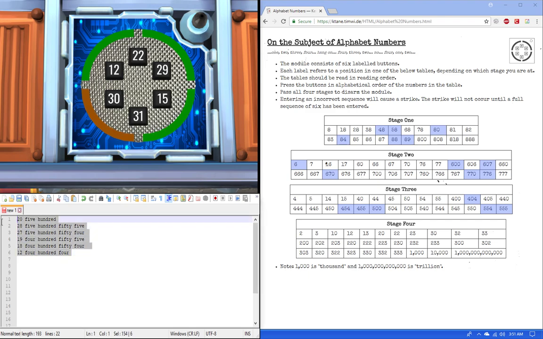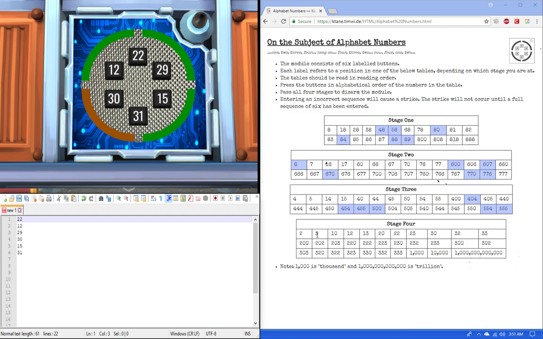And finally, we have these numbers, the biggest ones: 22, 12, 29, 30, 15, 31. And if I think what I think this is, we might actually get the thousands and trillions here. So first is 22.